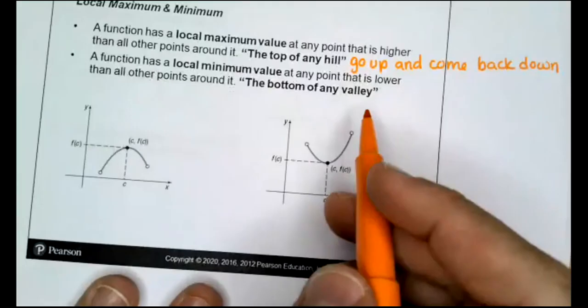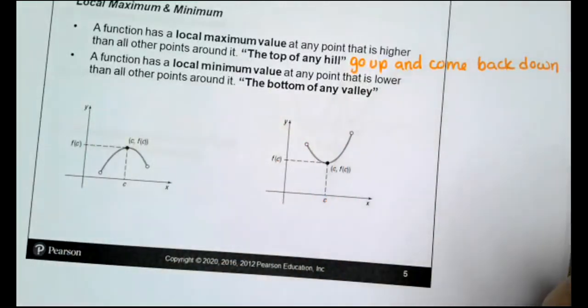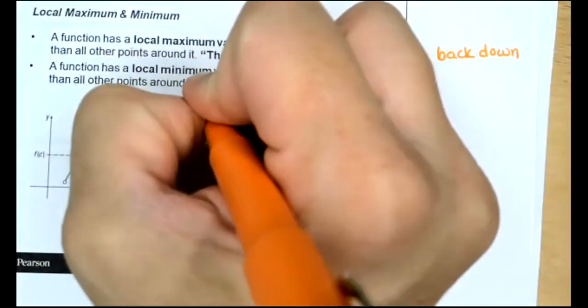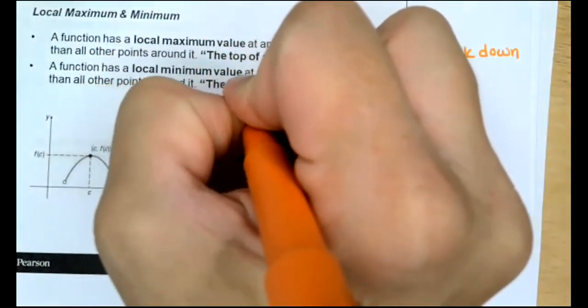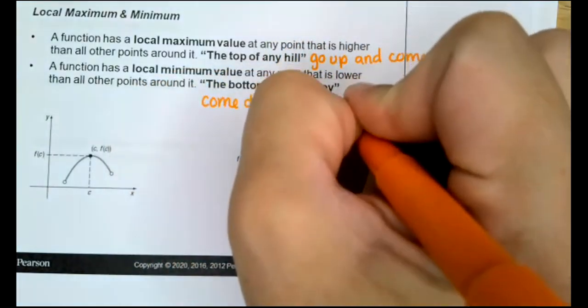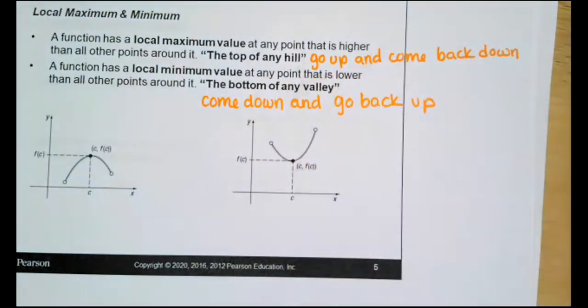A function has a local minimum value at any point that is lower than all the other points around it, the bottom of any valley. It comes down and has to go back up. Okay.